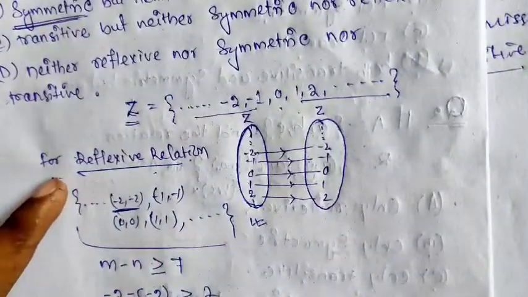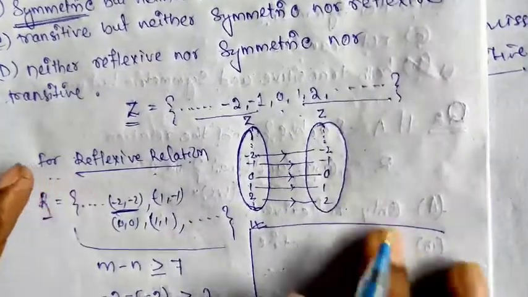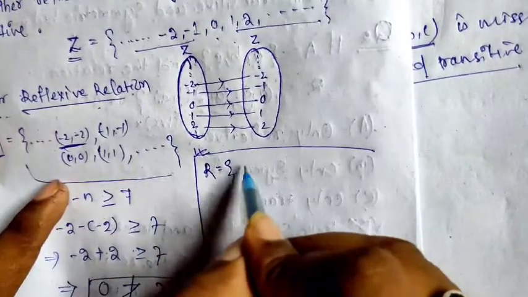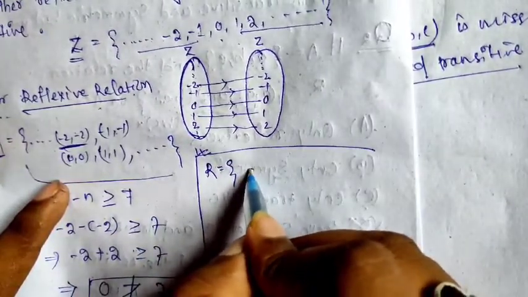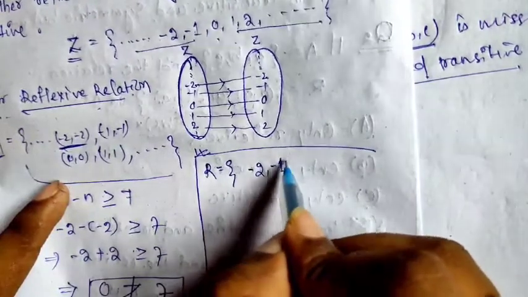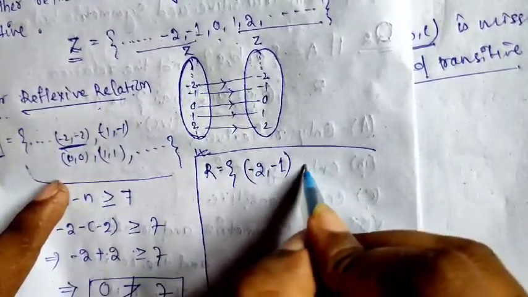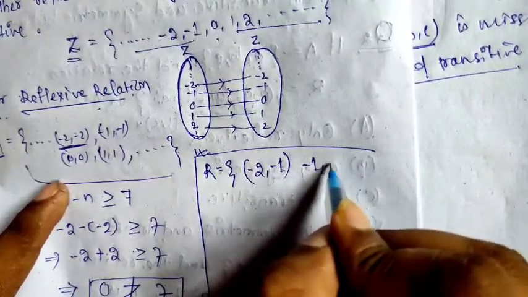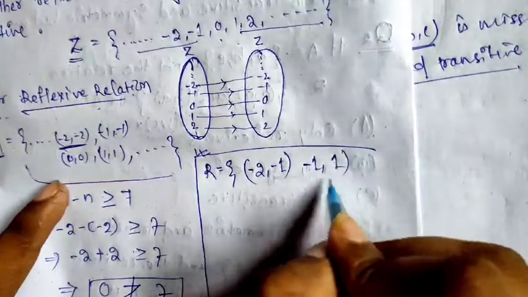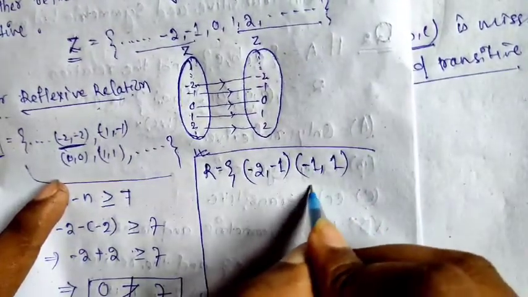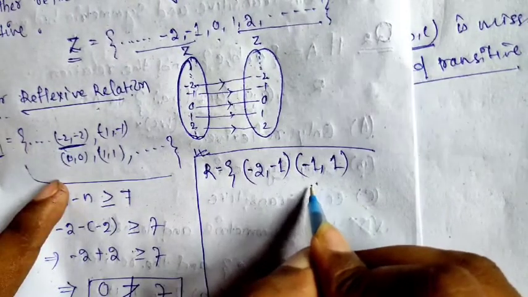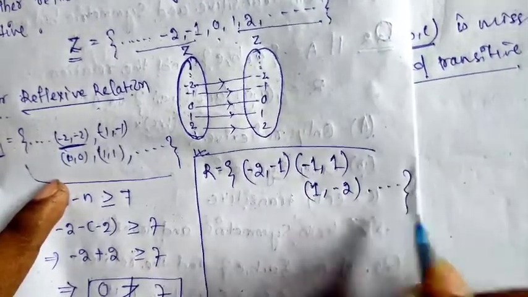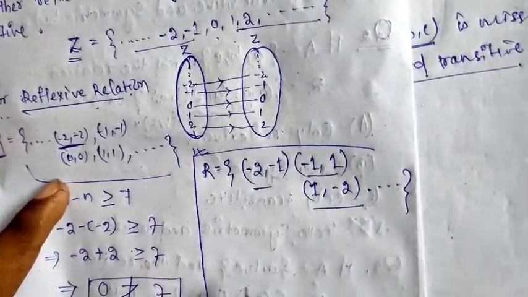For transitive, we have ordered pairs like (-2,-1), (-1,1), (1,-2) and so on. Now we check whether they satisfy it or not.